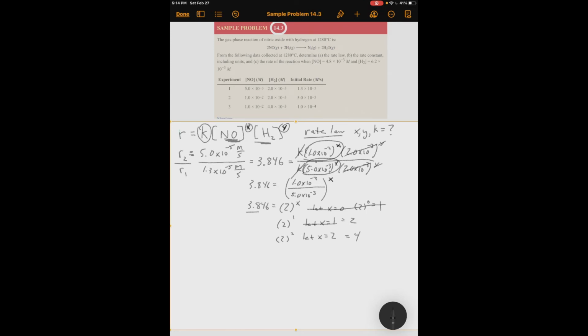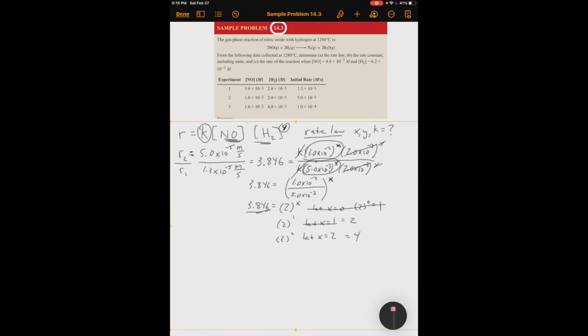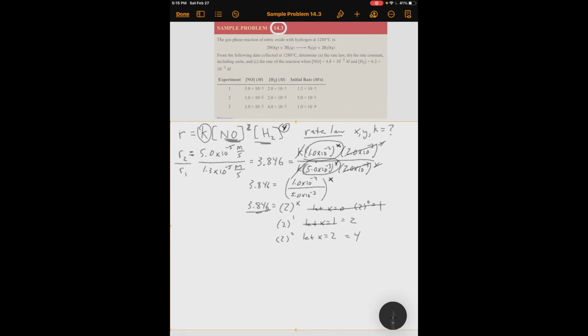Well, 4 is pretty darn close to 3.846. So it looks like the closest possible value is x equals 2. Now I'm going to come back up to here and put in a 2 there. We just figured out that x is equal to 2.